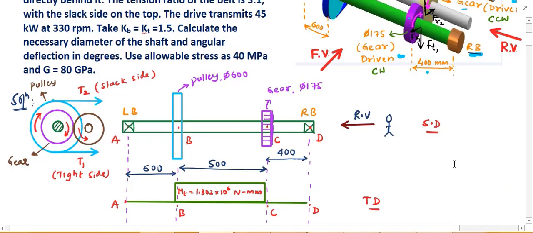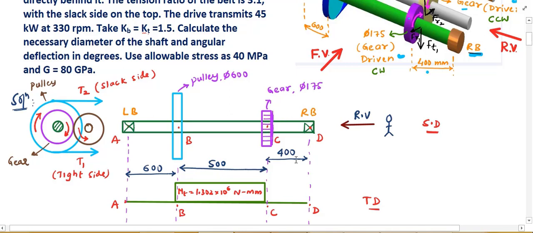So this is the space diagram that I have drawn. Here you can see the left bearing and the right bearing, and the distance between them is 1500 mm. From the left bearing at a distance of 600 mm you have a pulley of 600 mm diameter, and from the right bearing at a distance of 400 mm you have a gear of 175 mm diameter.